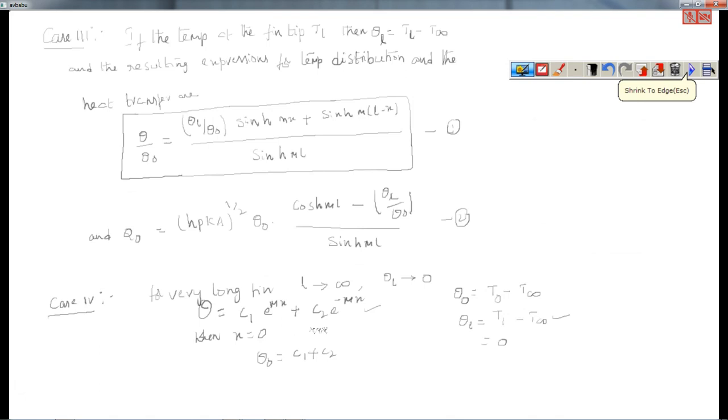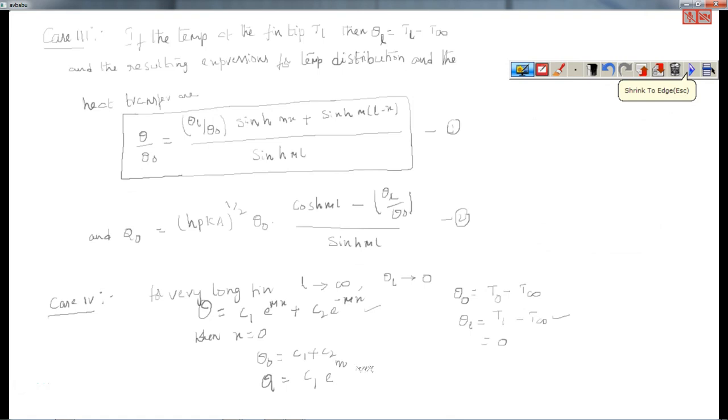And when theta L is equal to, if I use theta L equals C1 e to the power of m, very long fin, right? It means the length is going to x equals infinity.